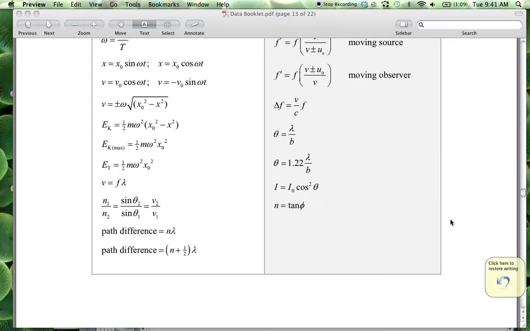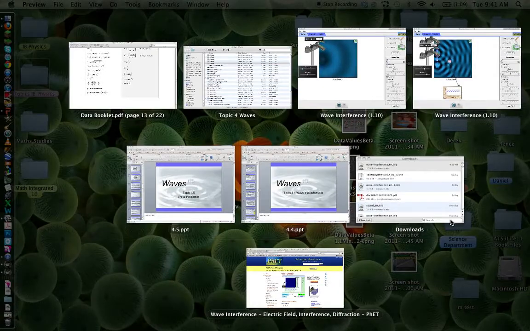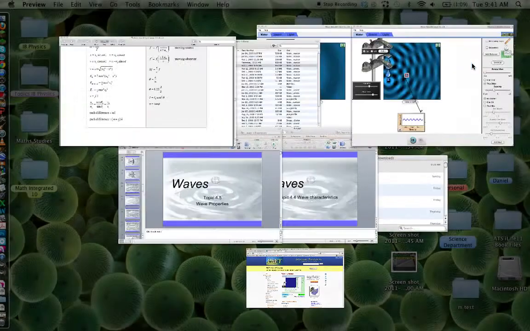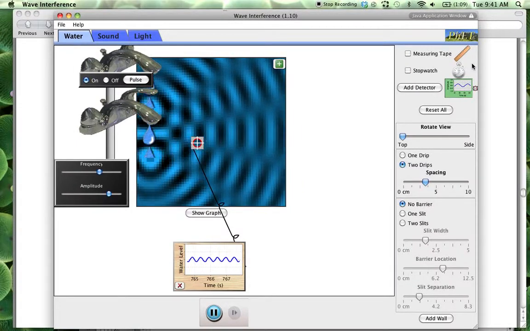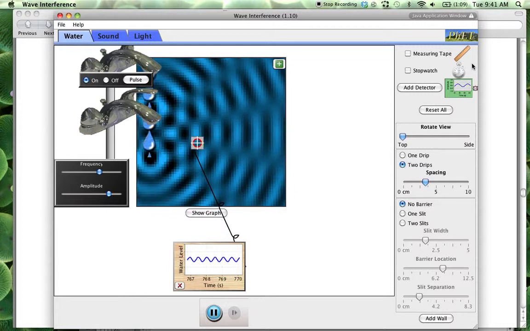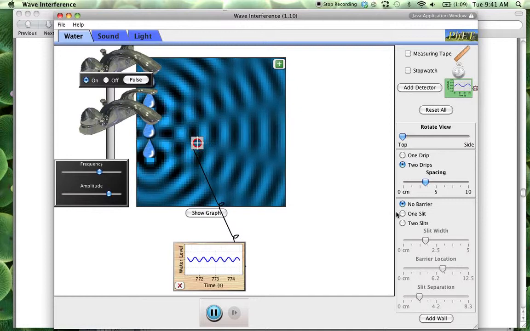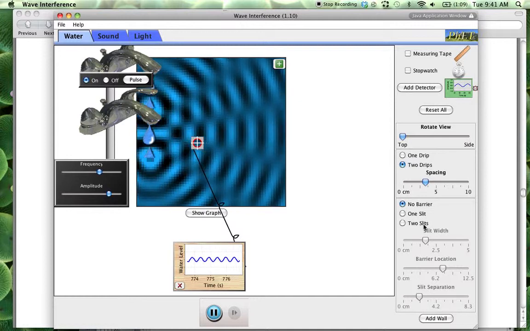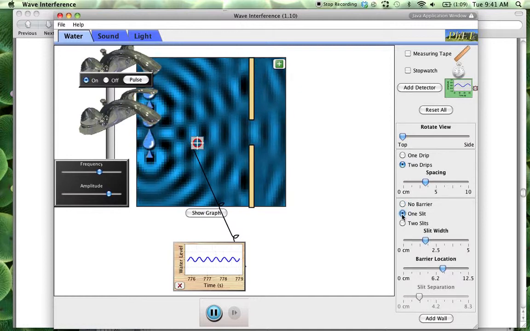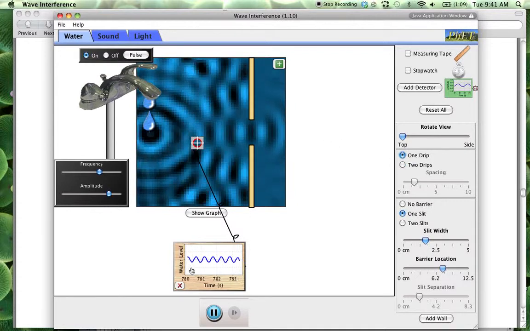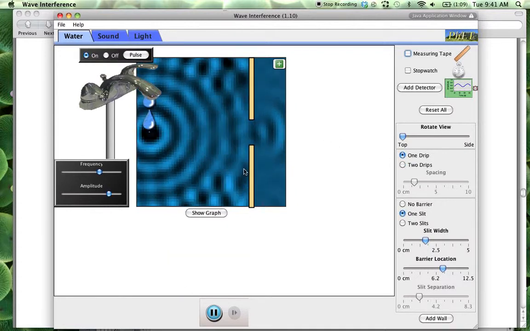Okay. Now, we also looked at this idea of diffraction, which is the bending of waves around a barrier. Let's have one slit, and let's have one drip here, and let's remove this over here.